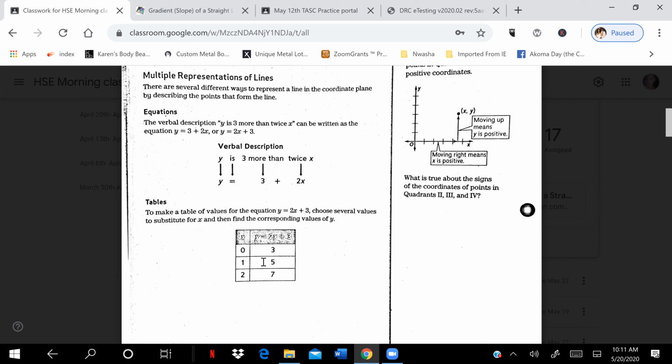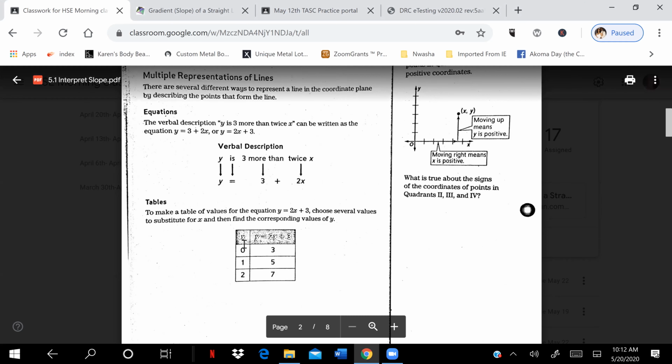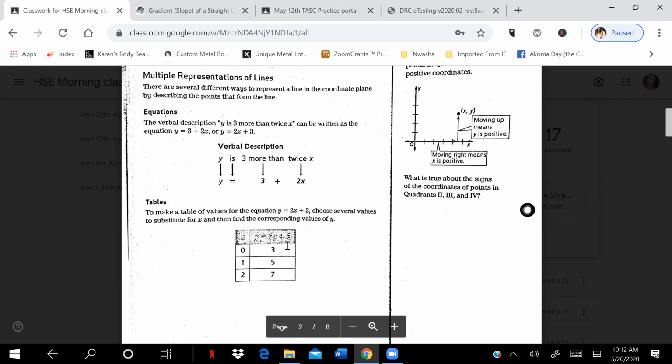If x is 1, then you're saying 2 times 1 is 2, plus 3 would be 5. If x is 2, then you're saying 2 times 2 is 4, plus 3 would be 7. So this chart is describing the same line with examples of x, and these are going to be your points on the graph. So it would be 0, 3, 1, 5, or 2, 7. Any questions about that so far?